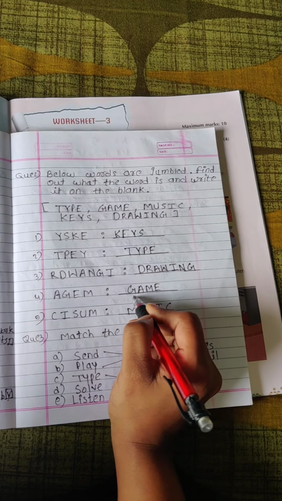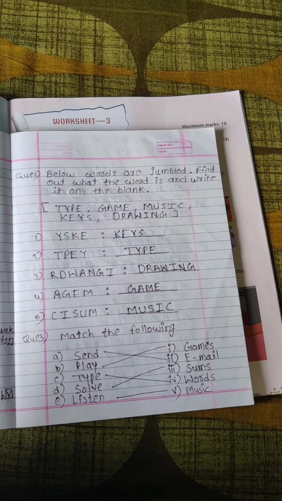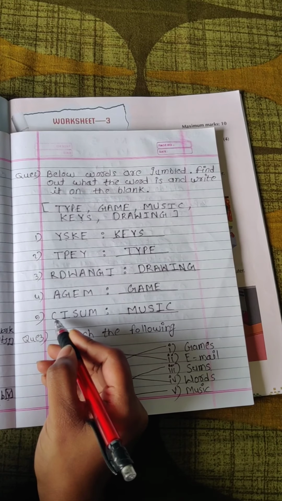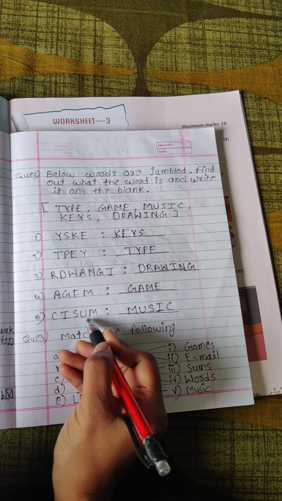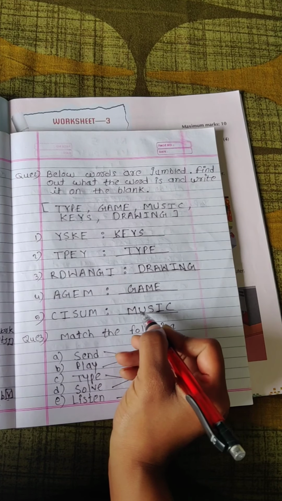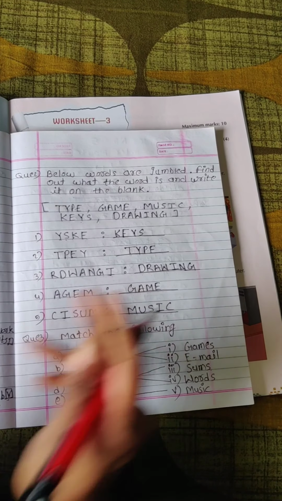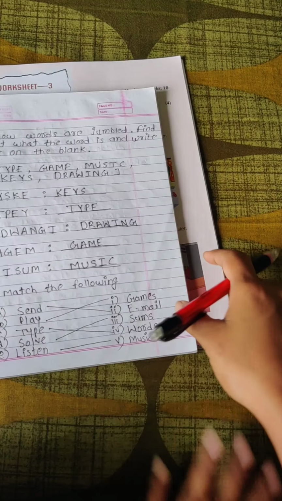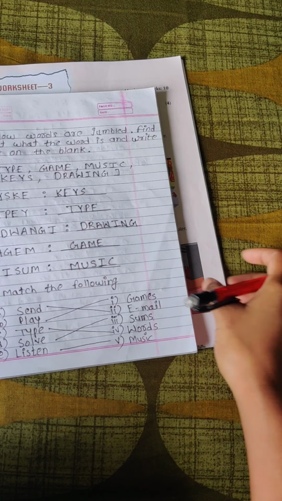Game spelling is GAME. Then fifth is CISUM. The correct word is music. Music spelling is MUSIC. Then question number 3, match the following.